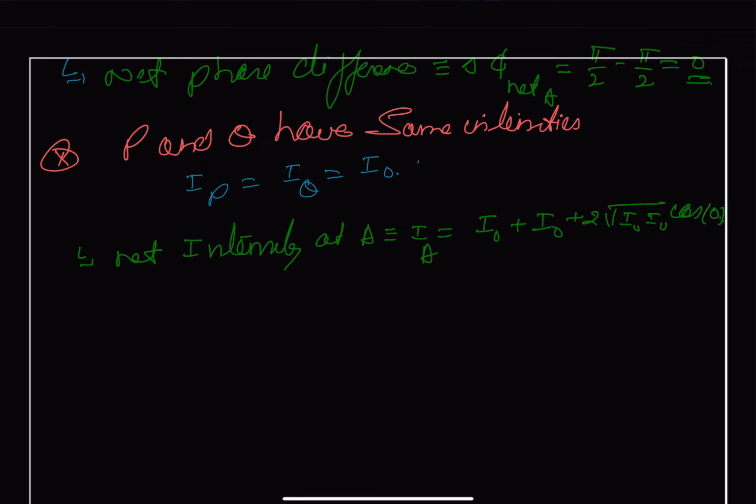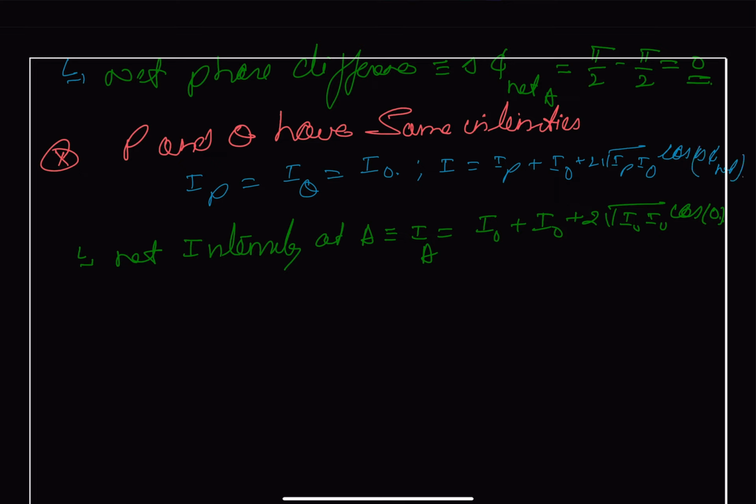So we can just write the formula here. We can say our intensity will be equal to IP plus IQ plus 2 square root of IP IQ cos of delta phi net.